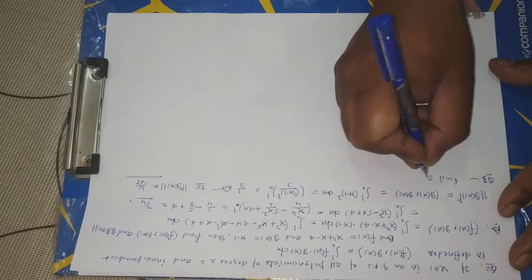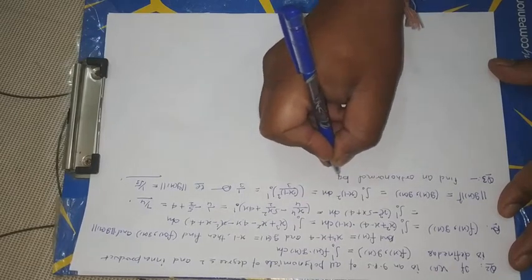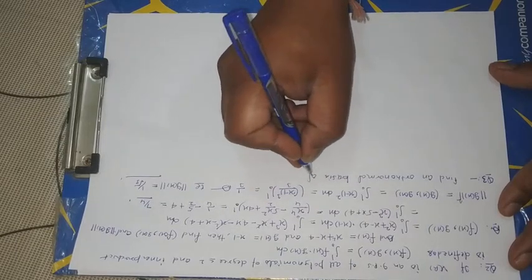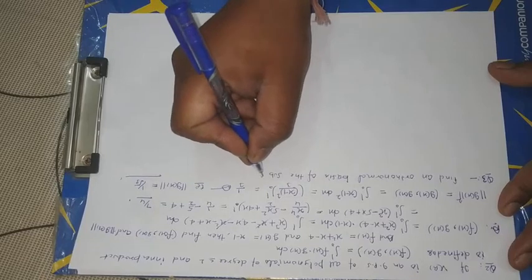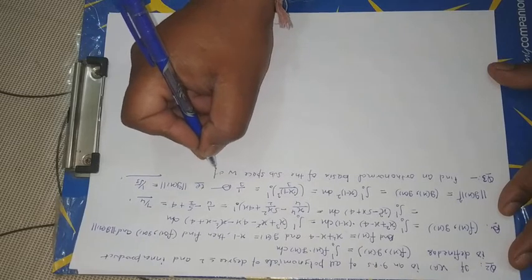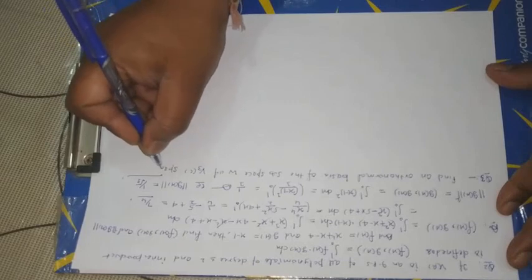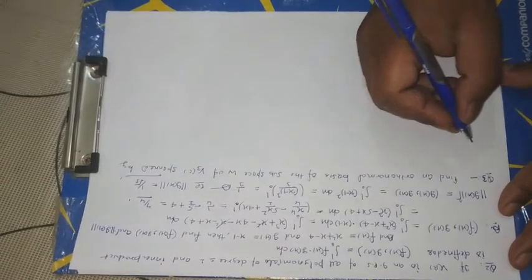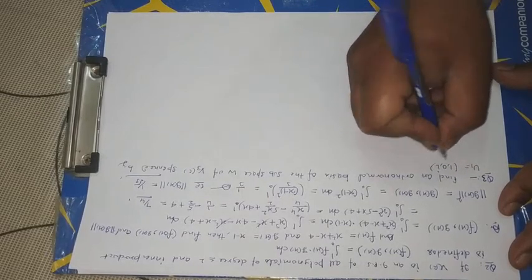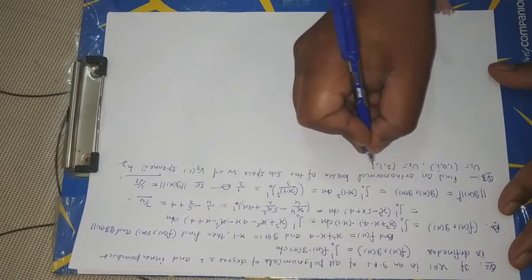Find an orthonormal basis of the subspace W of V3(C) spanned by U1 equal to (1, 0, i) and U2 equal to (2, 1, 1 plus i).